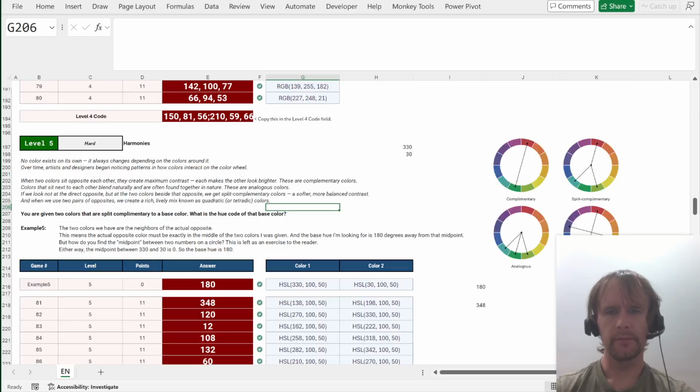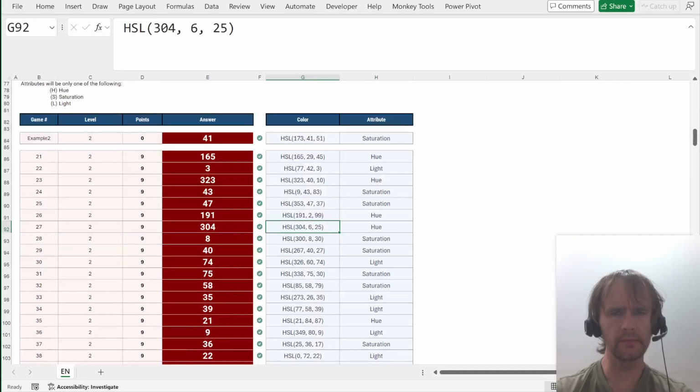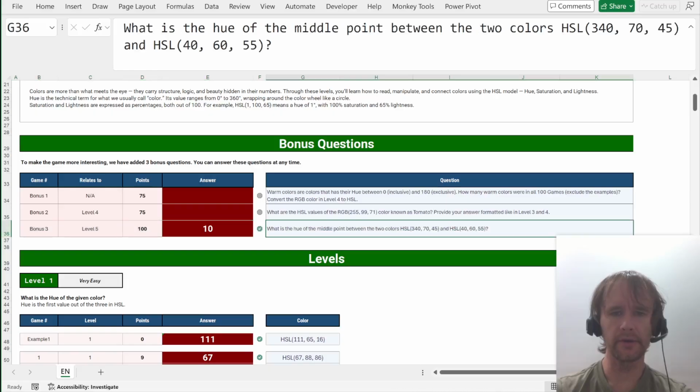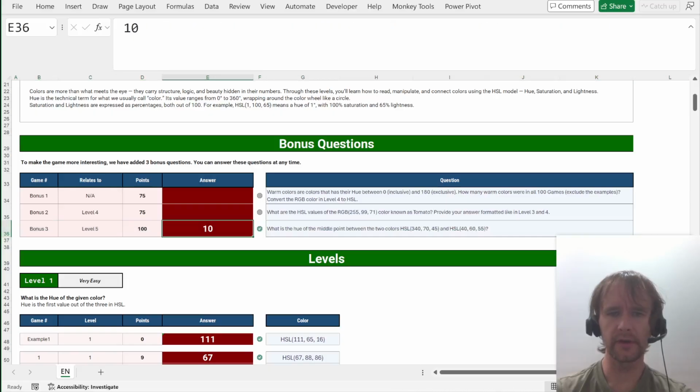Anyway, 330 and 30 is 0. Yeah, oh, unless, wait, maybe it's meant to be back as a number. Yes, it is. Okay, sorry, just formatting. I definitely would have got that wrong because of giving the opposite of the midpoint, regardless of formatting. But anyway, okay. All right, let's just put the hue over here.